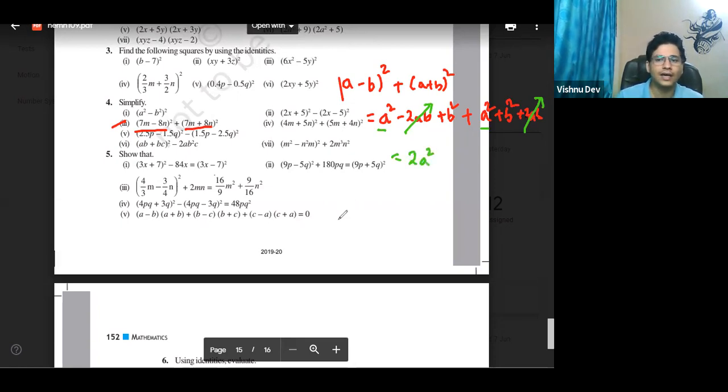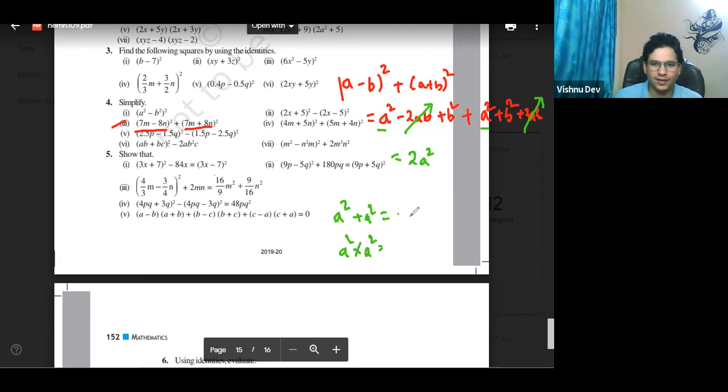No, no. Remember, A square plus A square and A square into A square are two different things. I've told you the exact same thing in the last class also. Apple plus apple is 2 apple. Apple into apple is not 2 apple, it is apple square. This is one mistake that generally people make.